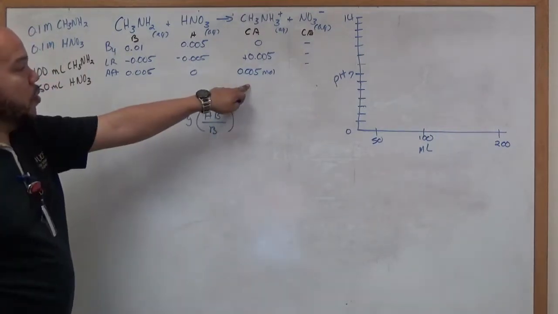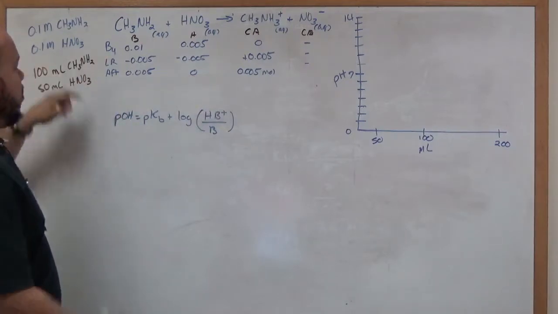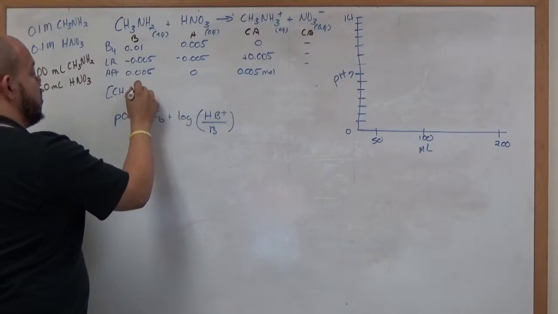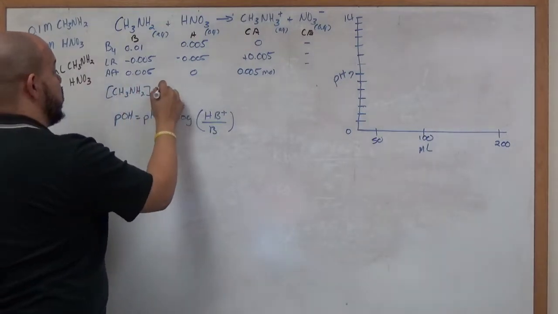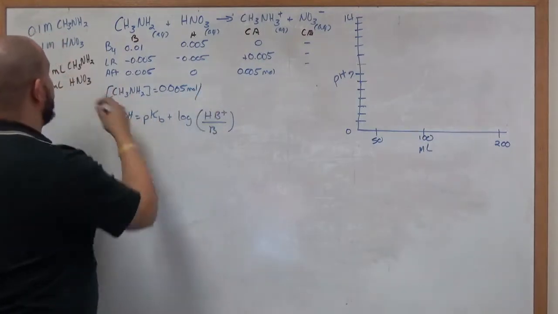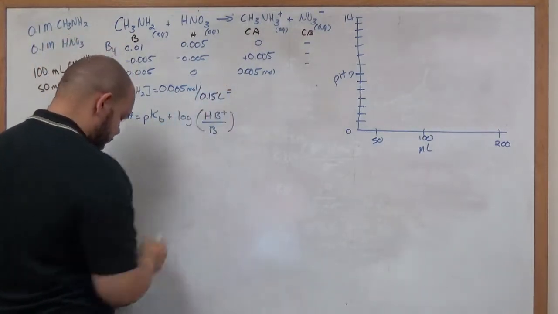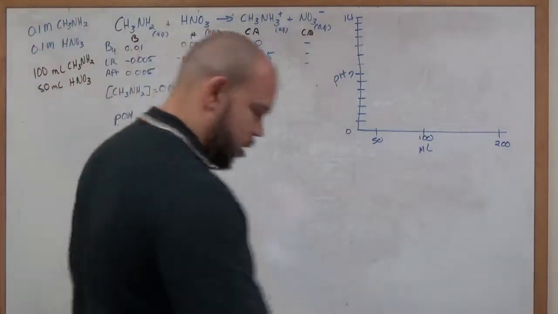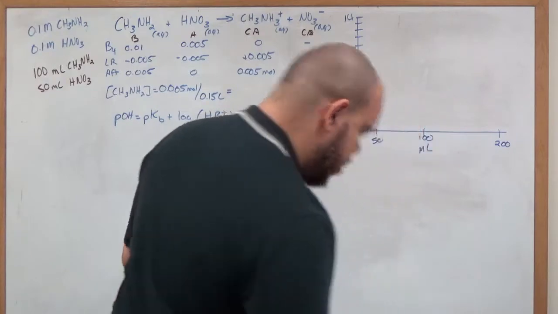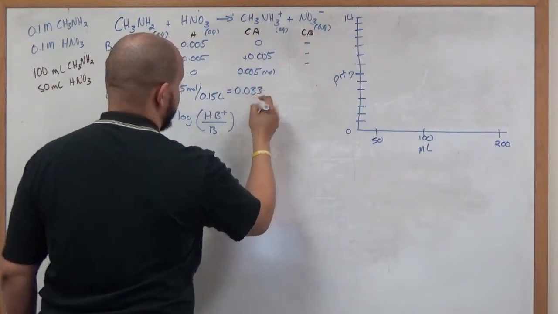Now that you know the number of moles, you should also realize that the concentration of each of these is going to be 0.005 moles all over the total volume of 0.15 liters, so that concentration is going to be 0.033.